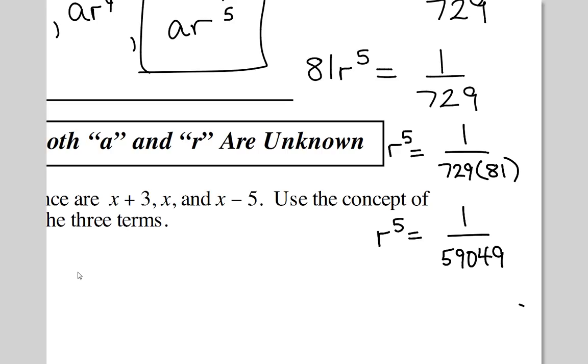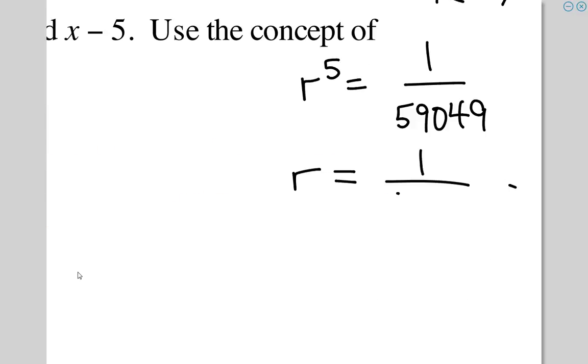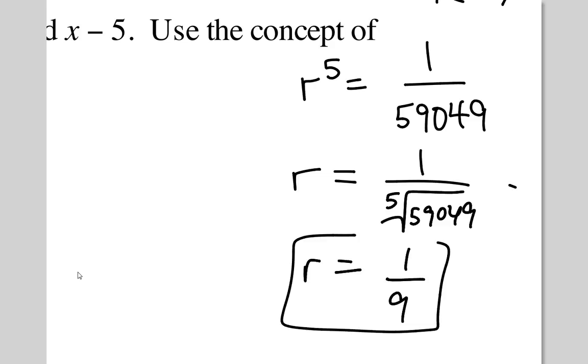Math fraction, I'm getting 1/9. You could also do it this way, just the fifth root of 59049, and you get 1 over 9. Did you get like 0.111111? Yeah, that's math fraction 1/9.